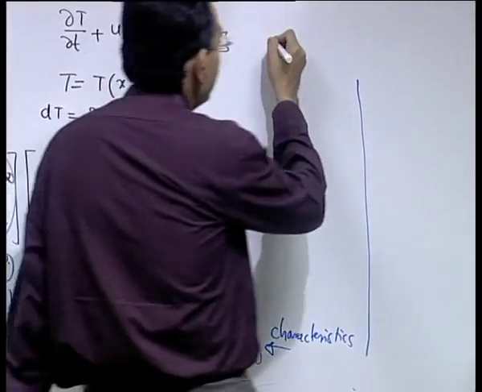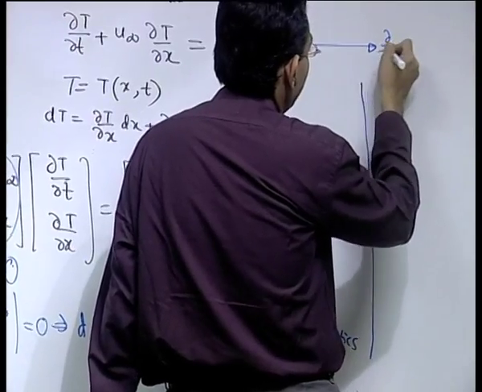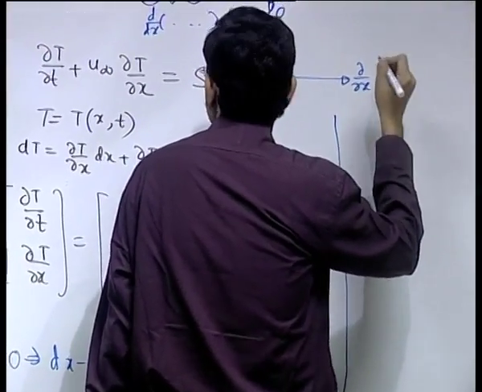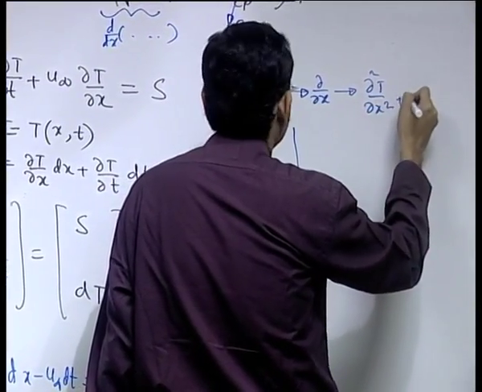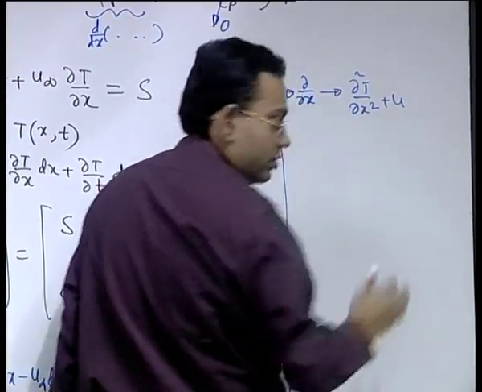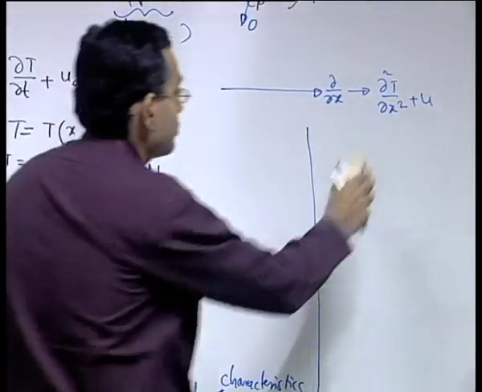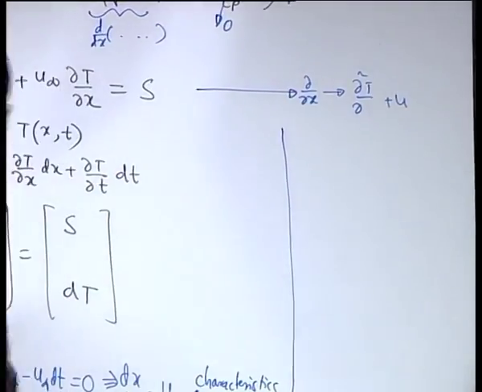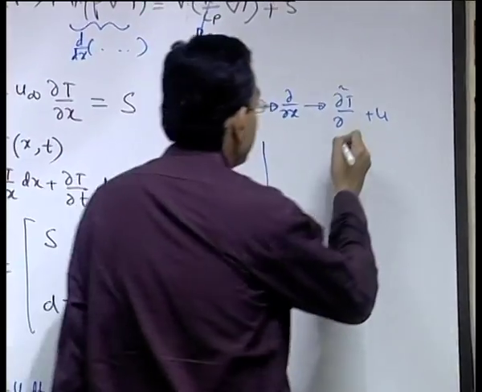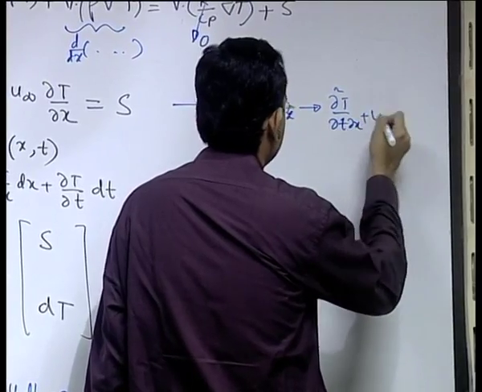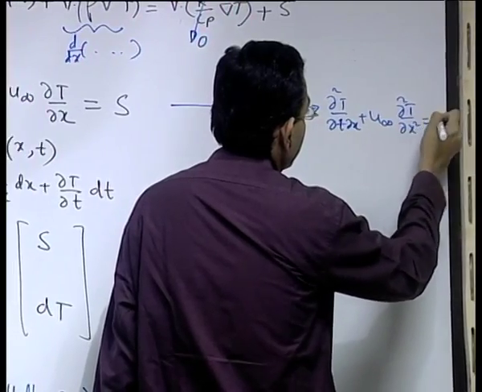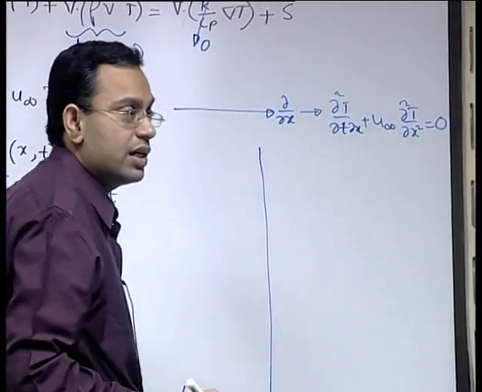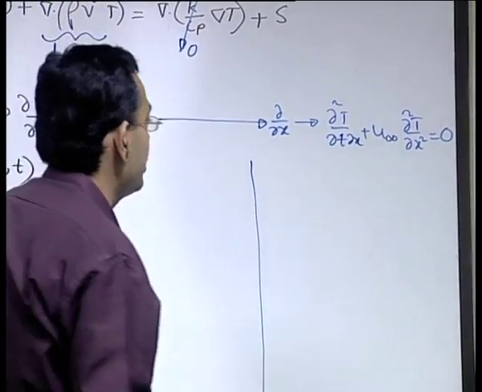First you differentiate this partially with respect to x once. So, what you get? S is a constant, so any derivative of it will be 0.